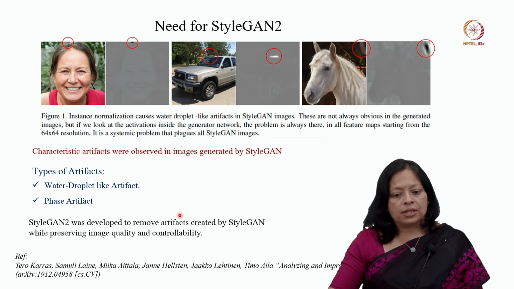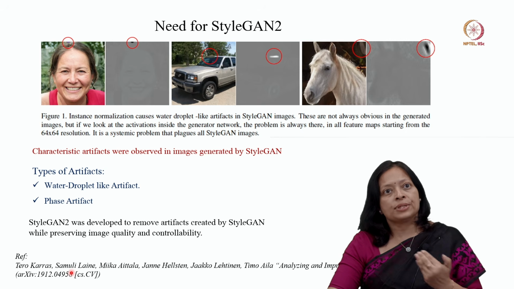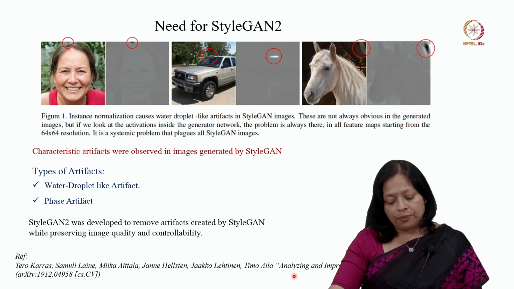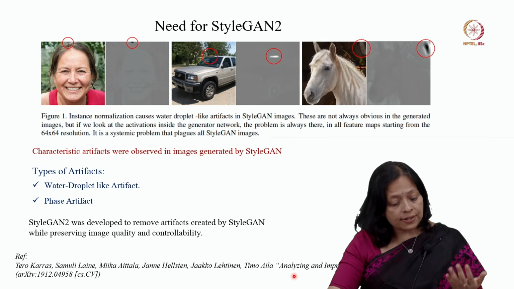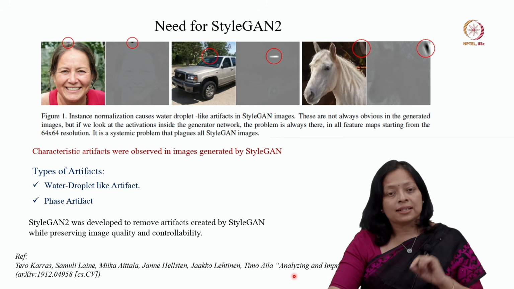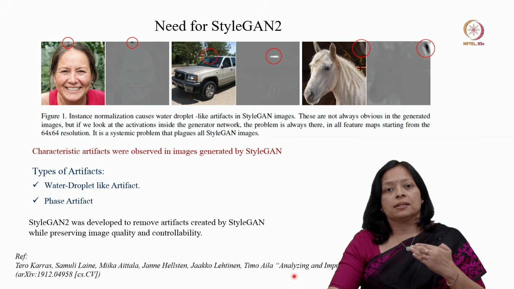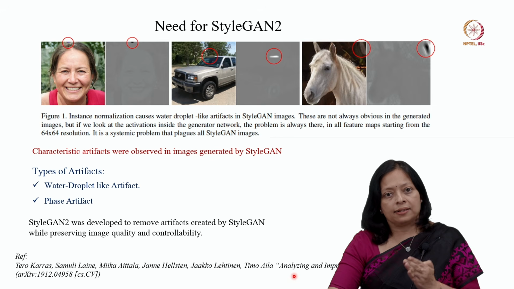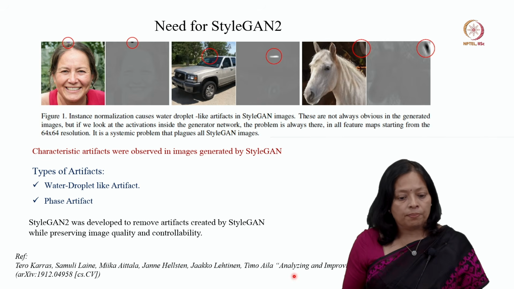The paper in which StyleGAN 2 was introduced is from the same group which introduced StyleGAN, Tero Karras and his team, and the name of the paper is Analyzing and Improving the Image Quality of StyleGAN. StyleGAN used to give good quality images with controlled styles, but these artifacts were coming as a structural limitation in StyleGAN, and that has been modified in StyleGAN 2 so that artifacts do not come into the picture.